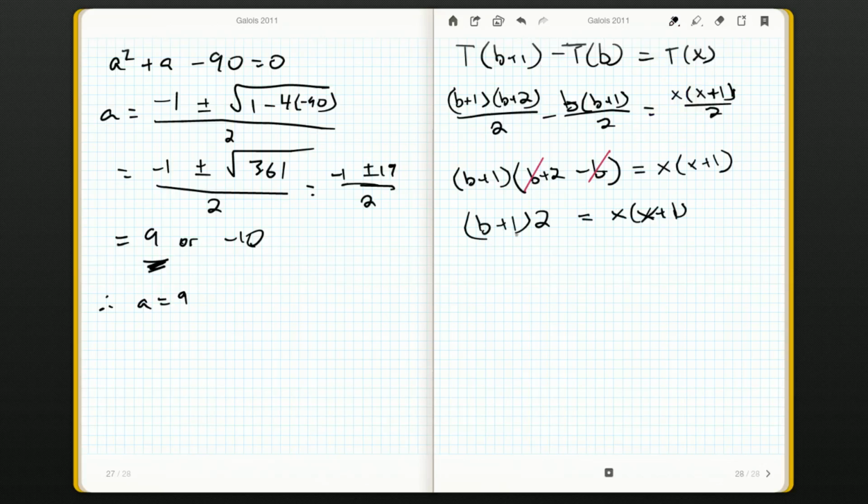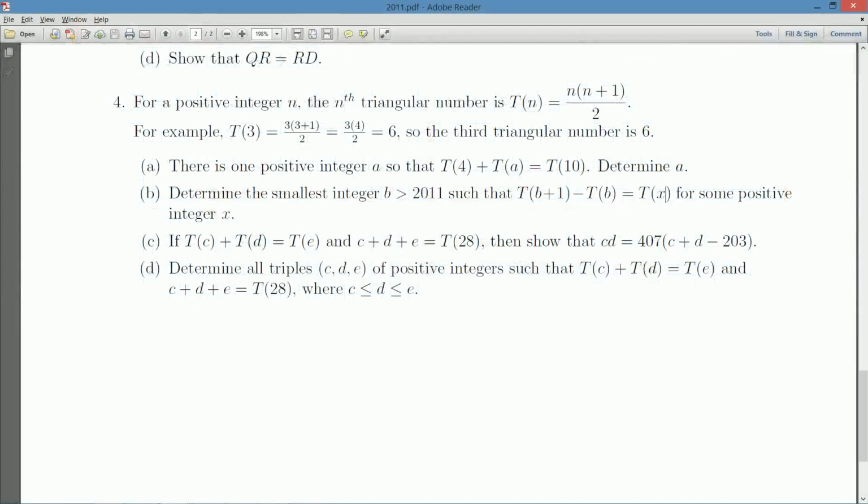Something I'm noticing right away: if I divide both sides by 2, b plus 1 has got to be tx. So we want a triangular number, and we want b to be greater than 2011.